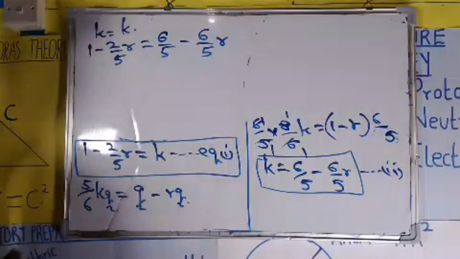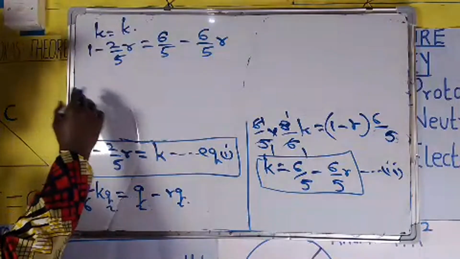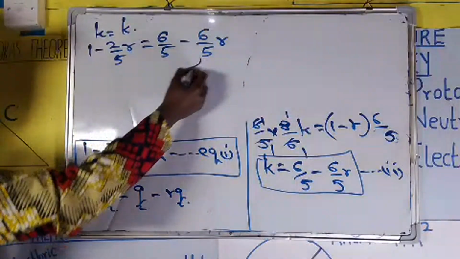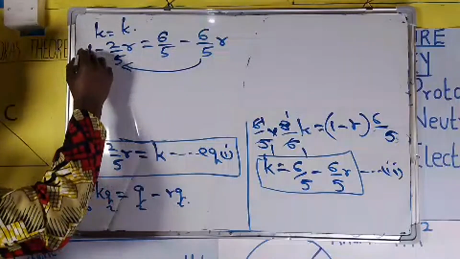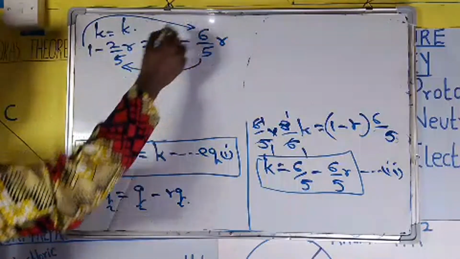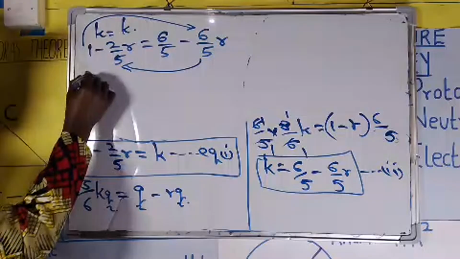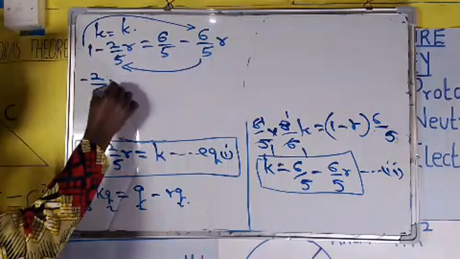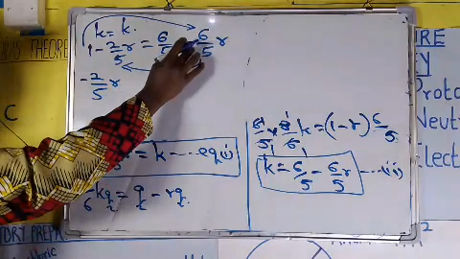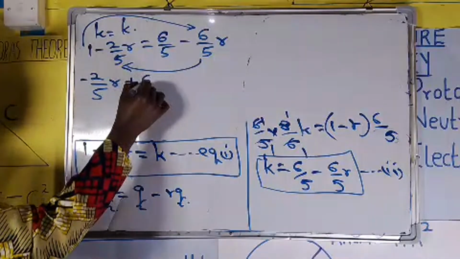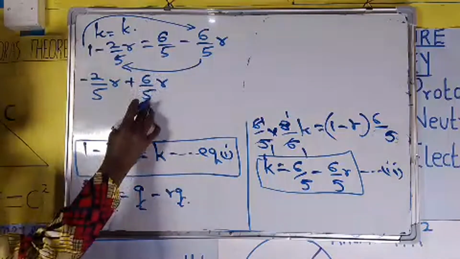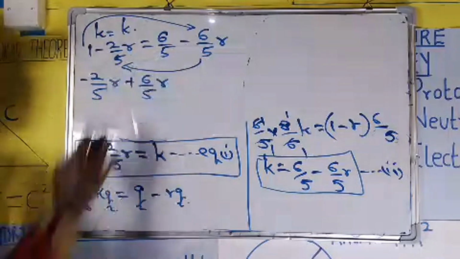So in this case, you now put the r terms together. You can bring r this side and take this one the other side. So we will have negative 2/5r. Then we add 6/5r, because when it comes this side it becomes positive.